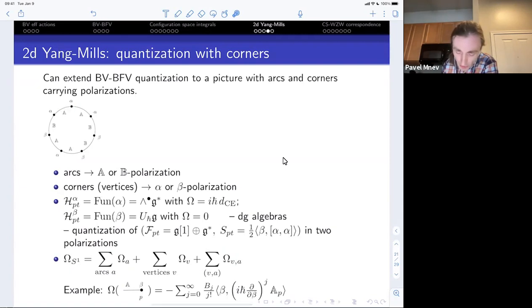There are pieces corresponding to arcs, which are given by formulas we've seen before, pieces corresponding to corners, which are given by these two formulas, Chevalley-Eilenberg differential or zero, and some interesting contributions corresponding to pairs, corner and arc. These are interesting infinite order differential operators that also involve Bernoulli numbers.